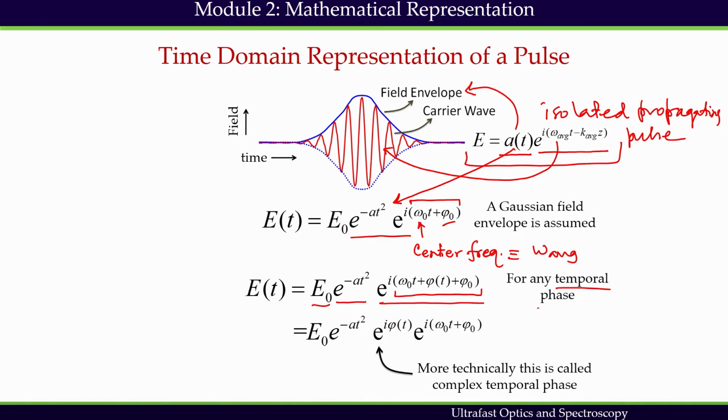This is called temporal phase because this phase appears in the time domain representation of the pulse. Phi(t) can be a complex function of time.